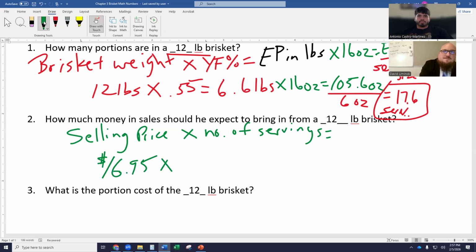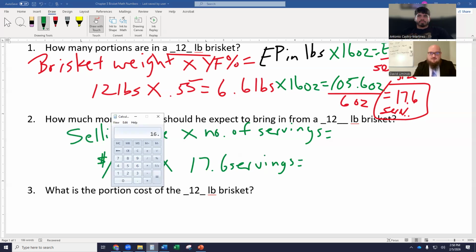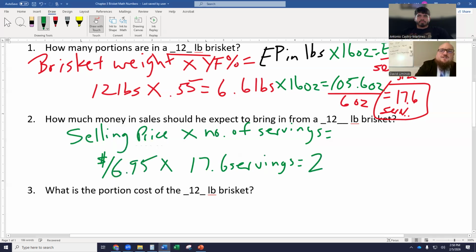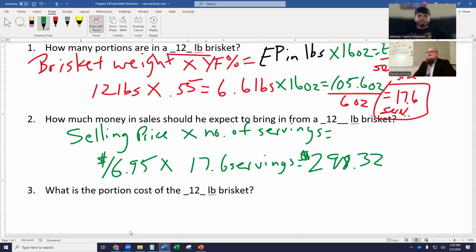Multiplied by 17.6 servings gives $298.32. So at the end of the day, as I sold all my brisket, I should have about $298 in my register in cash.